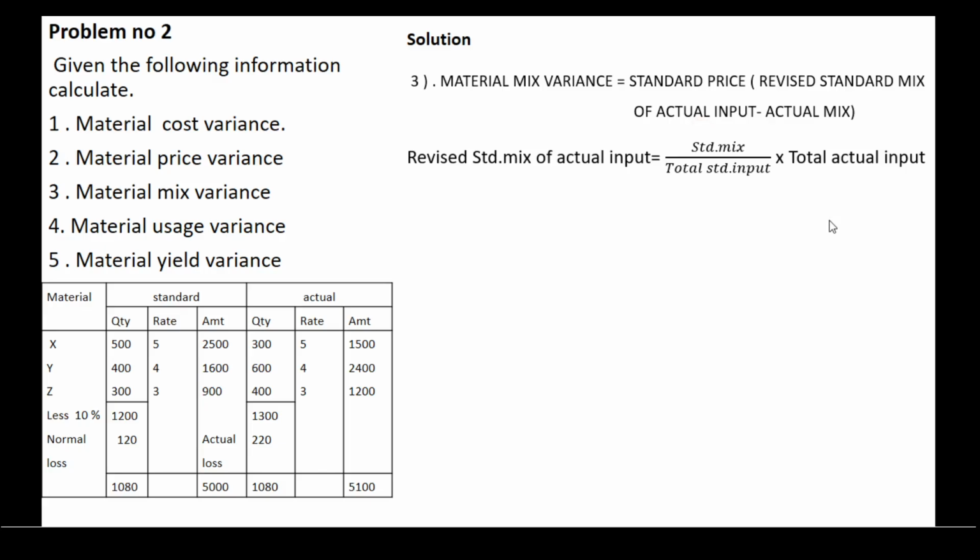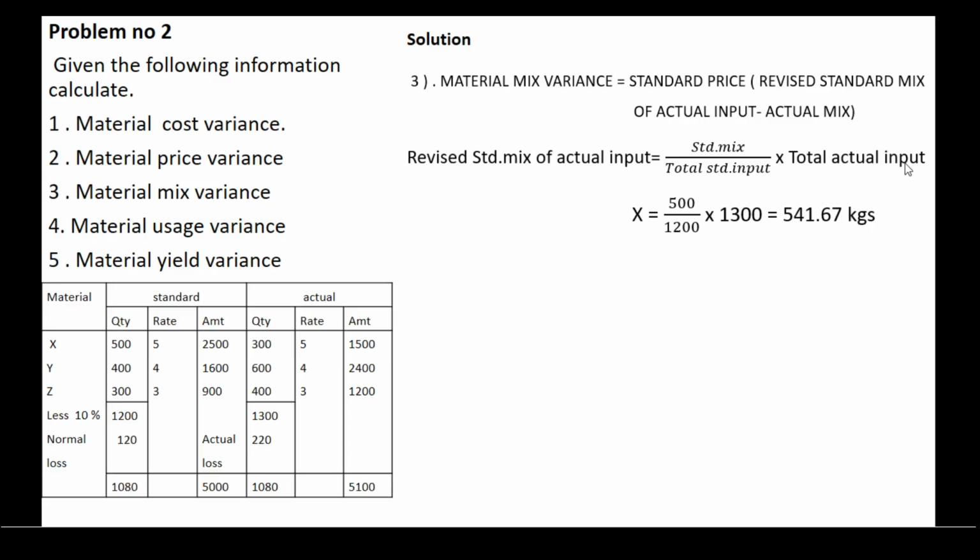So here the standard mix of the material X. First we find out for the material X. Here the standard mix means the standard quantity, that is 500, divided by total standard input, that is 1200, into total actual input, that is 1300.